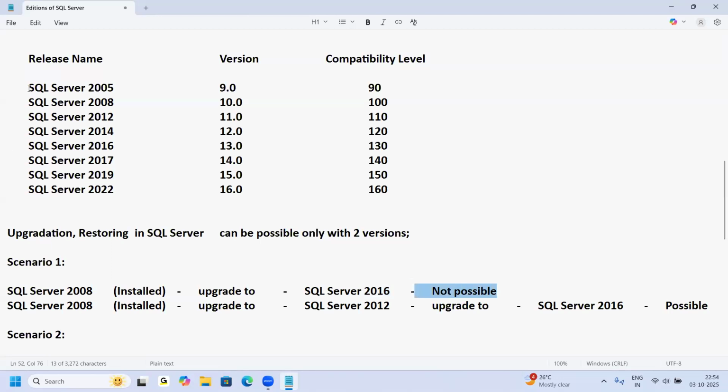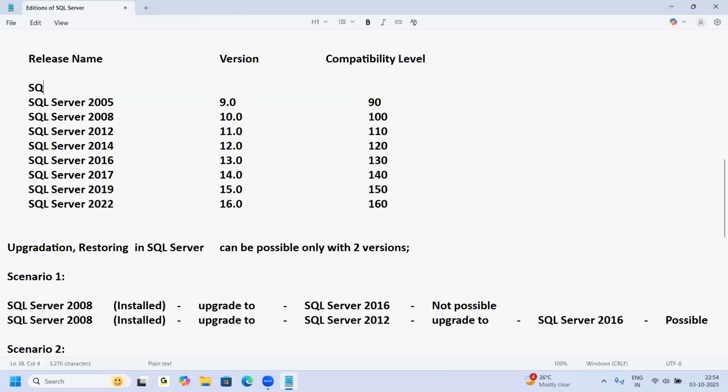I took examples from 2005 because from 2005, Microsoft started giving the release names with the year names. Before that, it is from 2000, SQL Server 8.0.